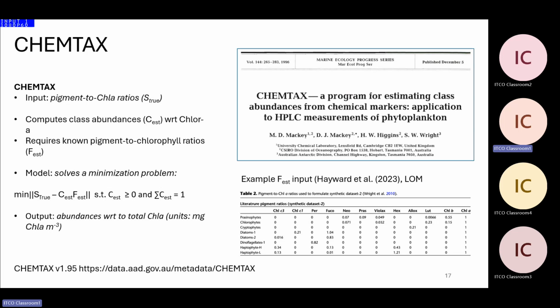Then you take your measurement in the field, and you do the same thing, looking at the pigment ratios. Essentially you do a minimization and inverse model, which is a little bit tricky. I can't remember exactly what they call it. But essentially you solve for these class abundances, but instead of looking at size classes, you're classifying particular groups.